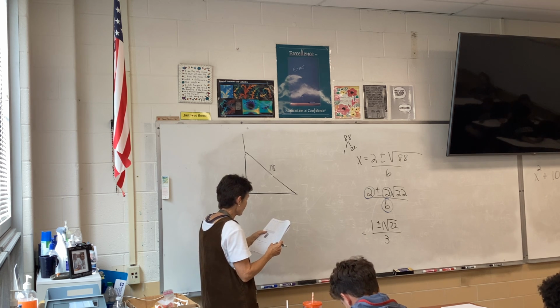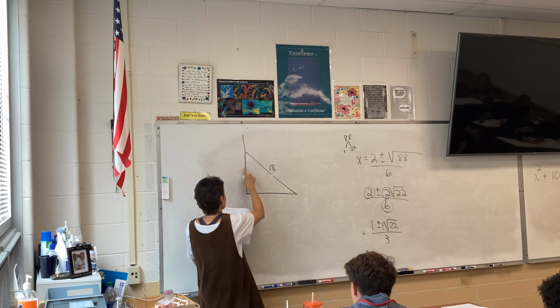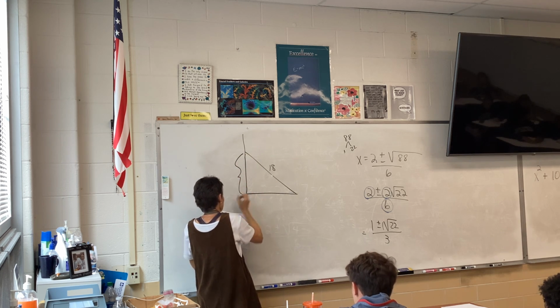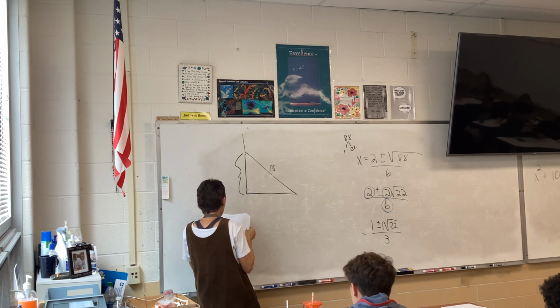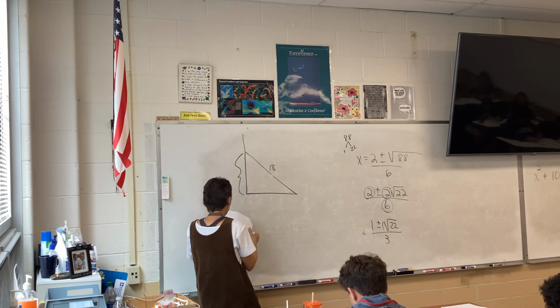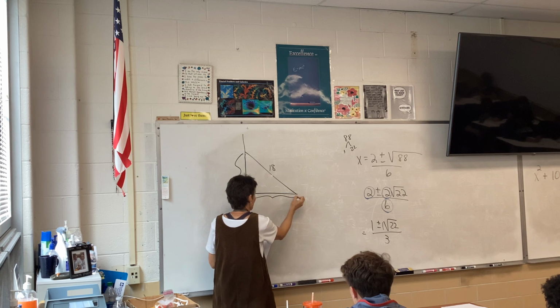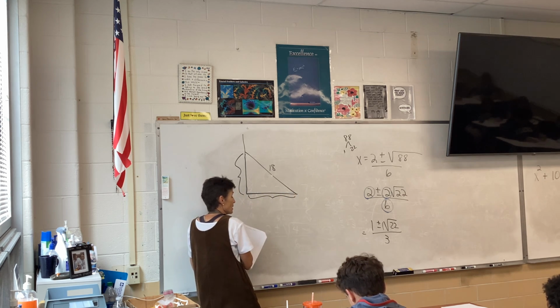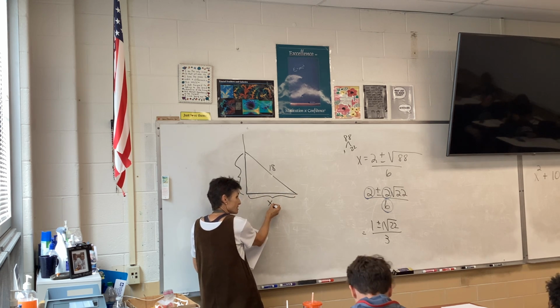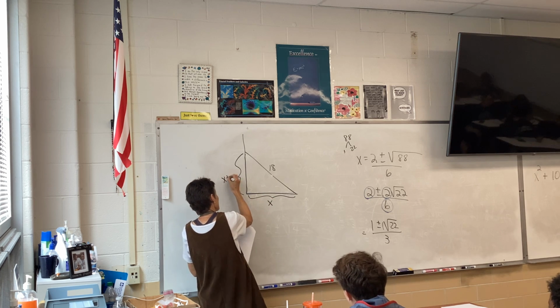The distance from the ground to the top of the ladder, so this distance right here, is 5 more than the distance from the building to the base of the ladder. So if I call this x, this would be x plus 5.